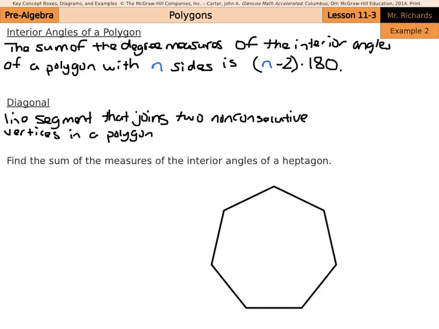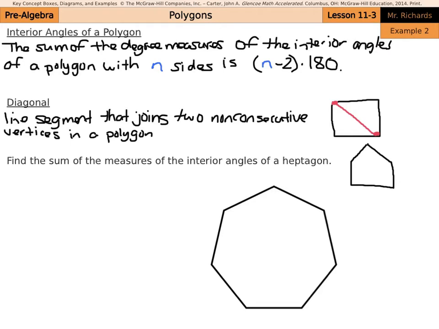If we take something like a quadrilateral, a four-sided object, and start at this vertex, non-consecutive vertices means I'm not going to go out to that one and I'm not going to go out to that one. The only non-consecutive vertex is coming out right there. If I take something a little fancier like a pentagon, and I start here, my consecutive vertices would be here and there, so it's not going to connect there, but it's going to come down here like so.